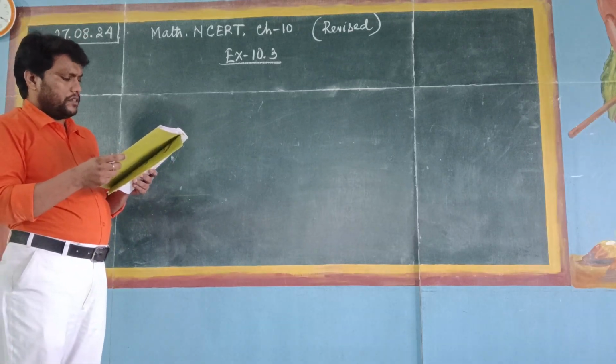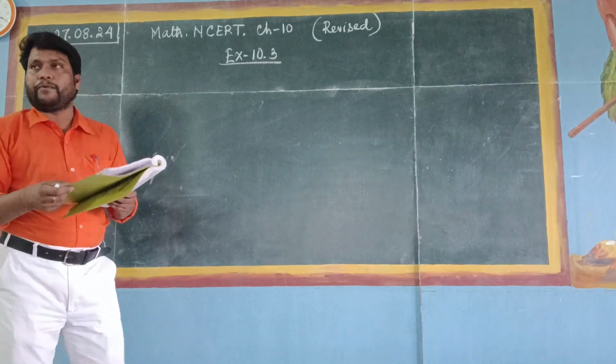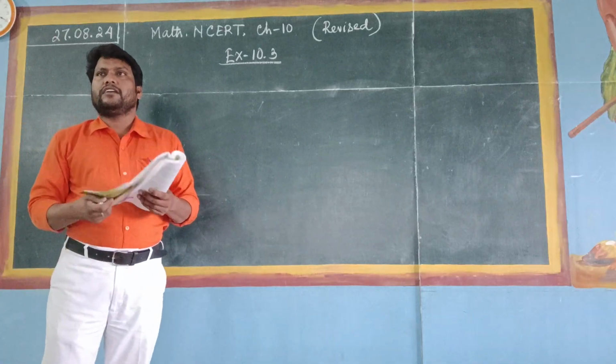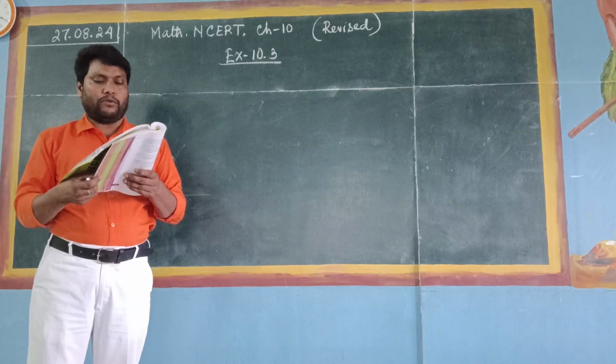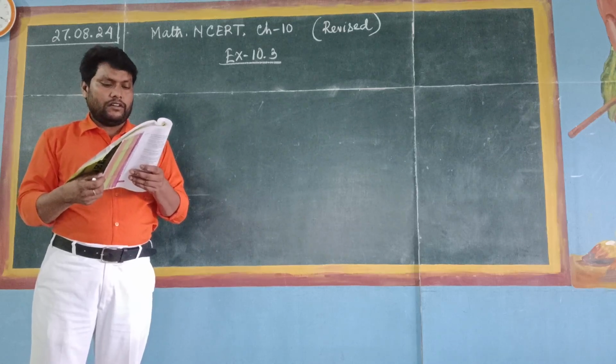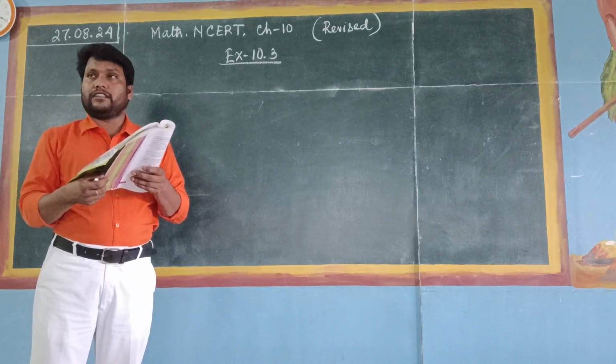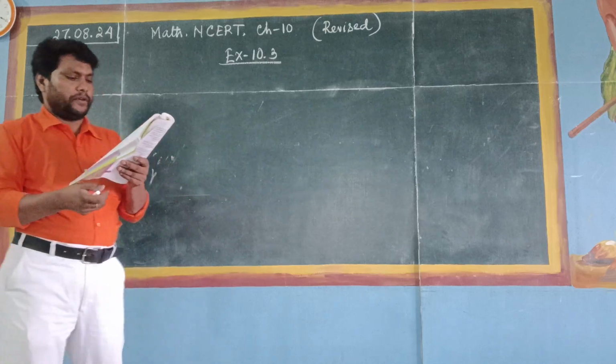I will solve some problems. There are 10 problems. Out of 10 problems, 4 or 5 are based on squares and 5 or 4 are based on rectangular shaped figures.